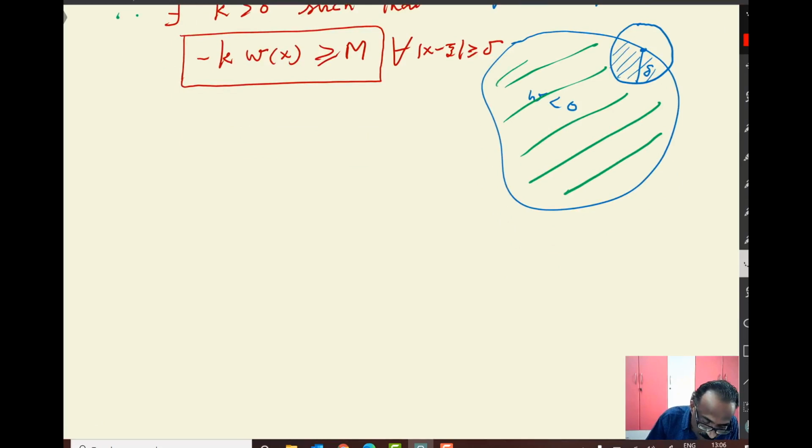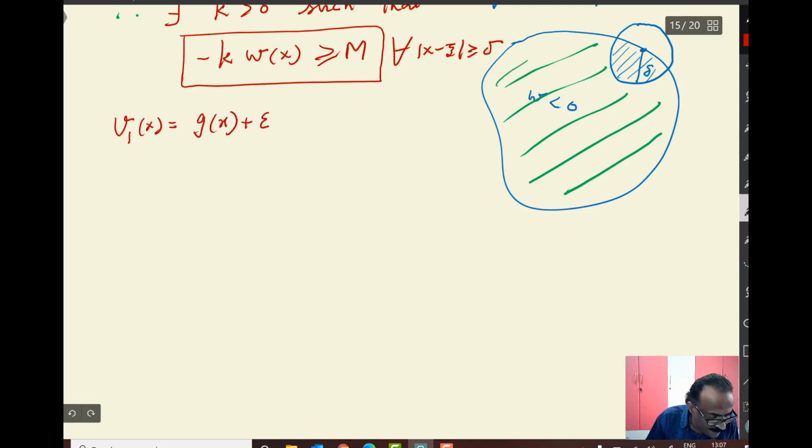Now I construct two functions. v1 of x is equal to, using just a small trick, −k w, and I also define v2 as g(ψ) plus epsilon, with x coming here, this is a fixed quantity, so I will have here −ε plus k w.